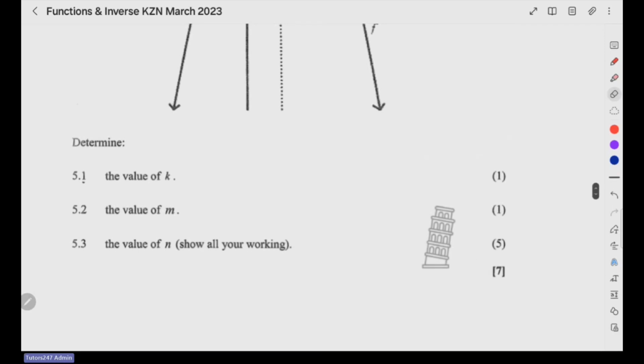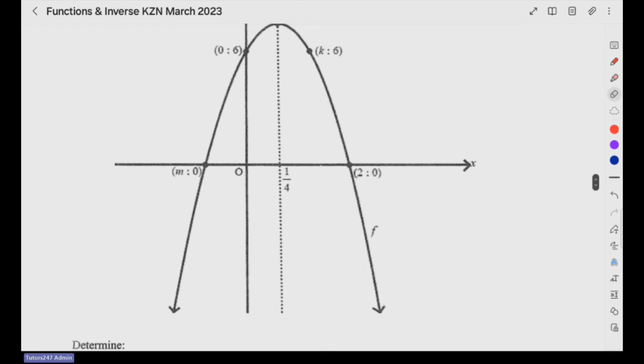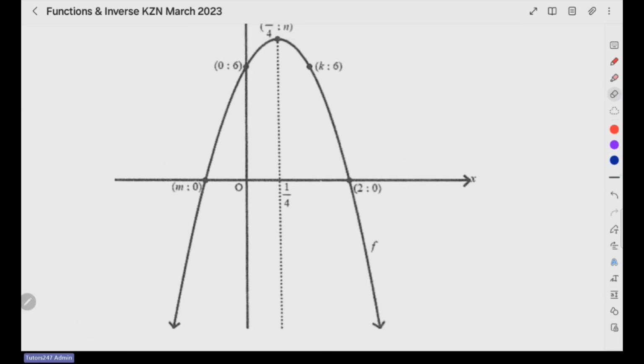Now, our next question, 5.2, determine the value of m. M is the x-intercept of this function. We have one of the x-intercepts, which is 2. We just need to find the second one, which is m. Take note that m is on the negative side of the x-axis, so m is going to have a negative value.